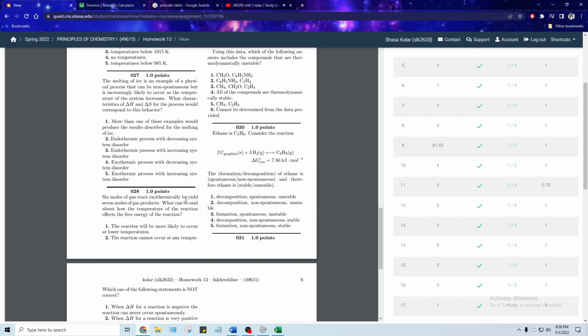6 moles of gas react exothermically to yield 7 moles of gas product. So 6 moles to 7 moles means that work is being done on the surroundings.